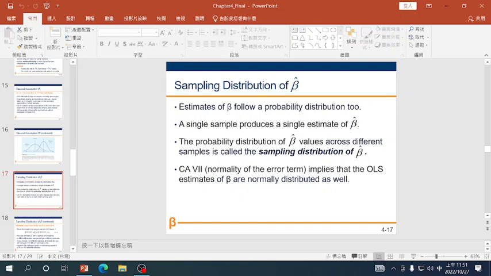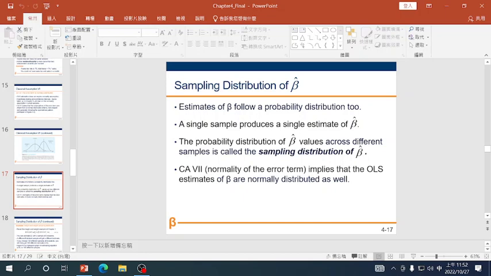But when you collect all the data, some of the estimates will be pretty close to 6, and some of them really far away from 6. If I can collect as many as possible and draw the diagram, it turns out to be a probability distribution, and this is what we call the sampling distribution of the beta hat.